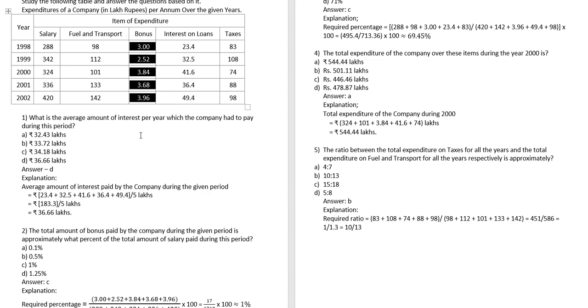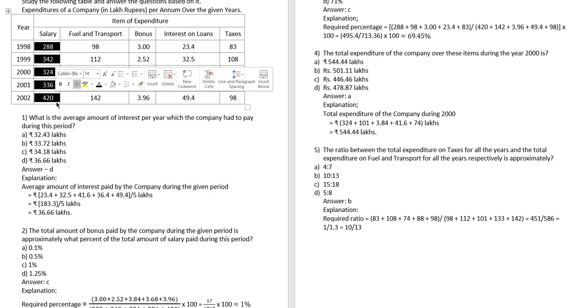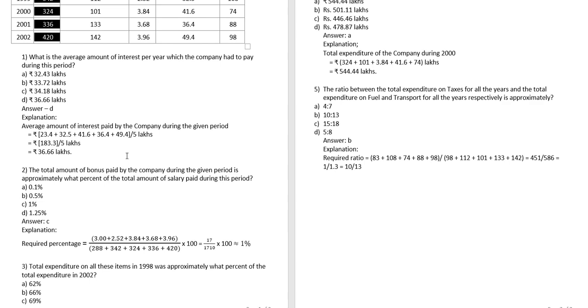Total salary paid is 288 plus 342 plus 324 plus 336 plus 420. In the upper part we write the total bonus paid, in the lower part the total salary paid, into 100. That comes to approximately 1%. So option C will be the answer.